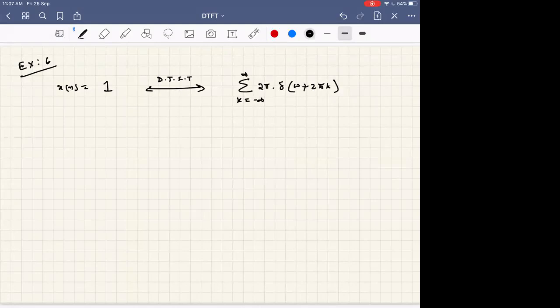So this is the expression. Because this X of e power j omega is periodic, we are writing 2 pi k. But if somebody asks us to prove this, what do we do?